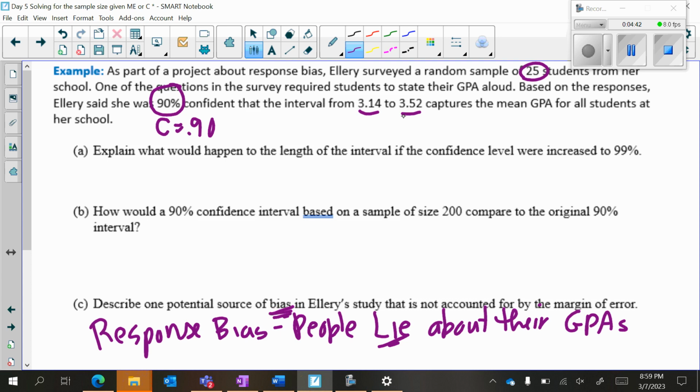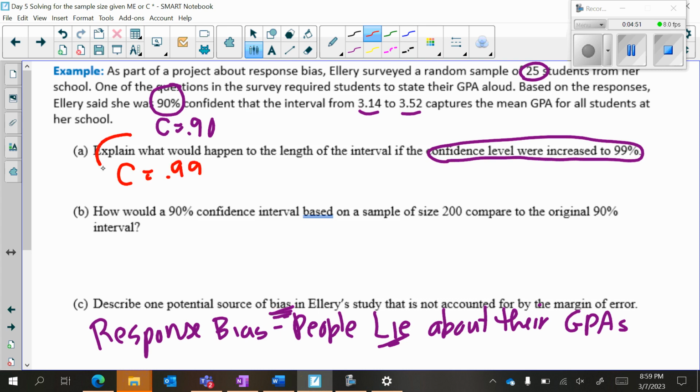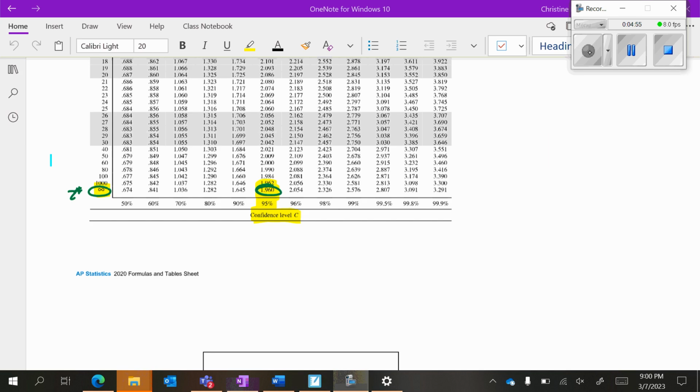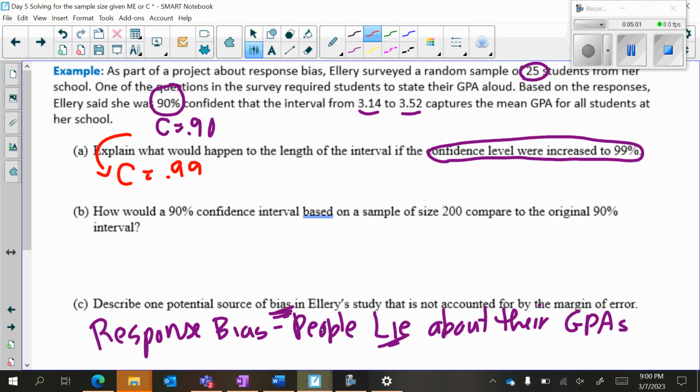Explain what would happen to the length of the interval if the confidence level was increased. If the confidence level increases to 99%, I want to show you how this plays a role on your reference table. On the bottom row is the confidence level, C. In this case, we were going from 90% up to 99%.